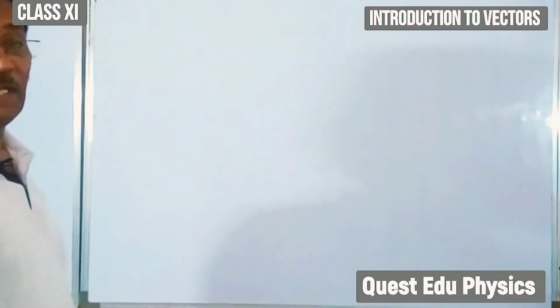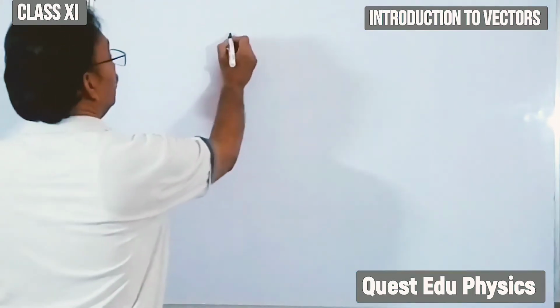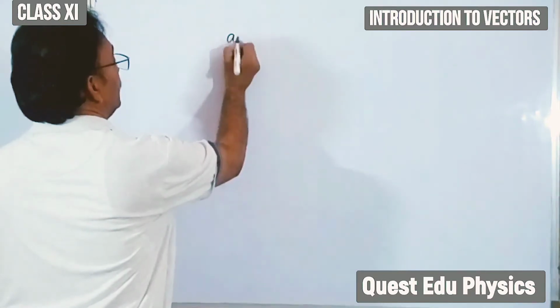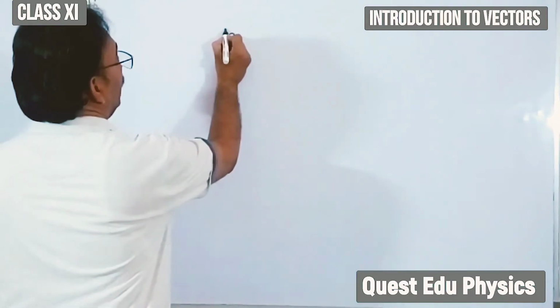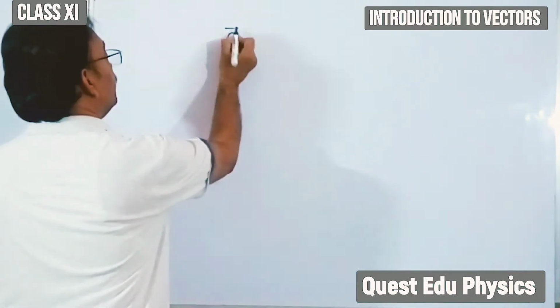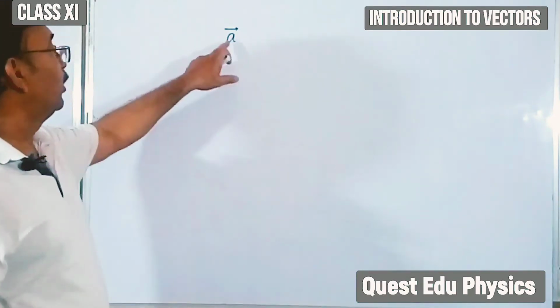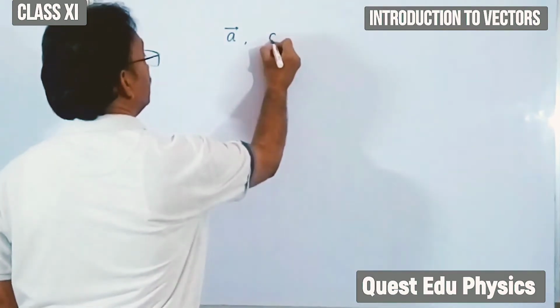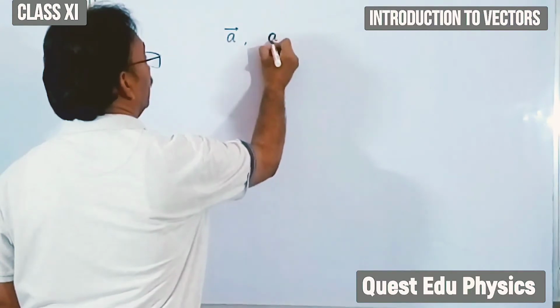Generally, if you take any physical quantity, a vector is represented like this. If you say A is the physical quantity, write A and keep an arrowhead on it. It is the representation of a vector. You have to keep an arrowhead. Or in some books, this A is written with a bold letter. That means thick.